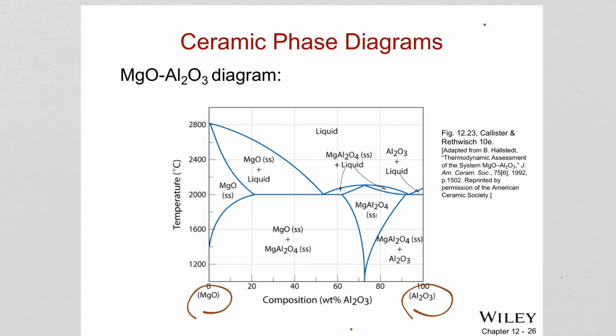Of course, liquid forms at very high temperatures, as you can see, about 2000 degrees C the liquid can form, and below these, according to this phase diagram, the solid solutions are forming in different amounts of alumina and magnesium oxide, and there is another compound which is the magnesium aluminum oxide.